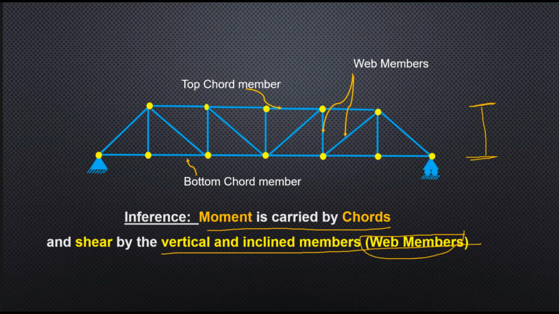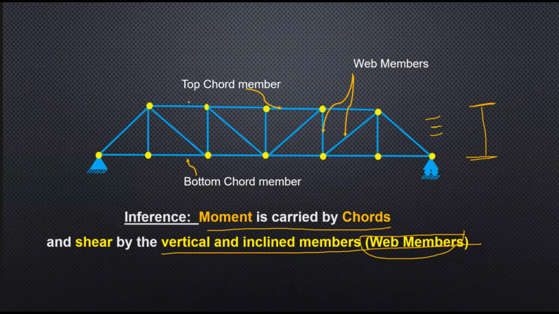Correct. Now, this is the analogy between an I-beam, which is the most efficient cross section for bending, and similarly, the trusses are a very good configuration for taking moments and shears. Right. Now, how do you get the moment? Very simple.